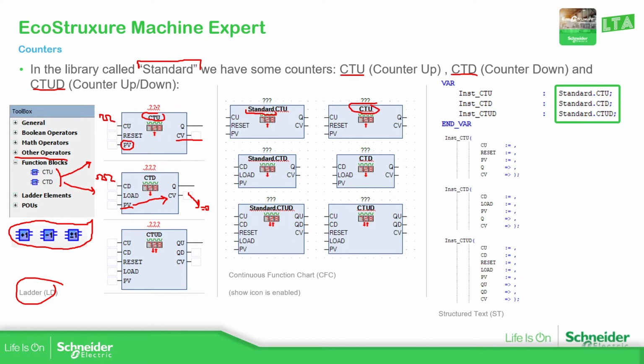If you pay attention, above each function block we have these question marks. They indicate that the function block requires an instance. If we move to, for example, ST, I can show you the right example. I have defined in the local area these three instances: standard CTU, CTD, and CTUD.